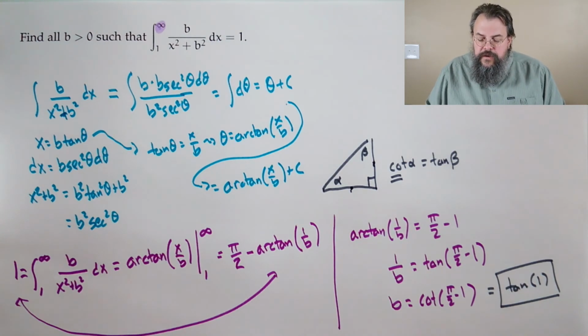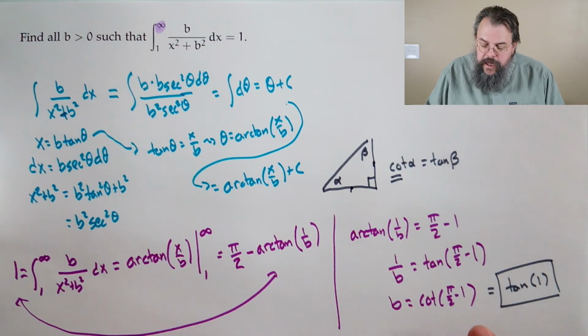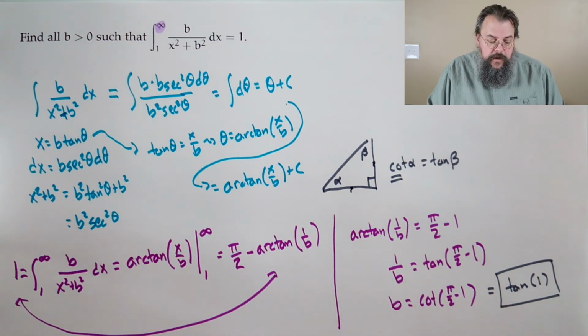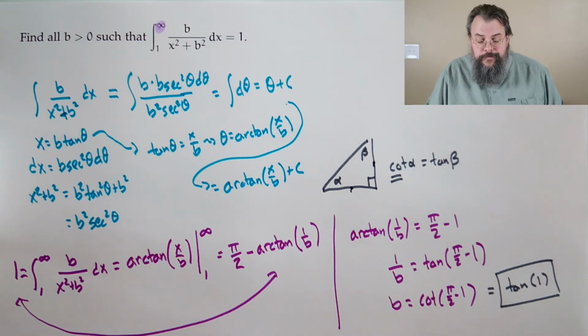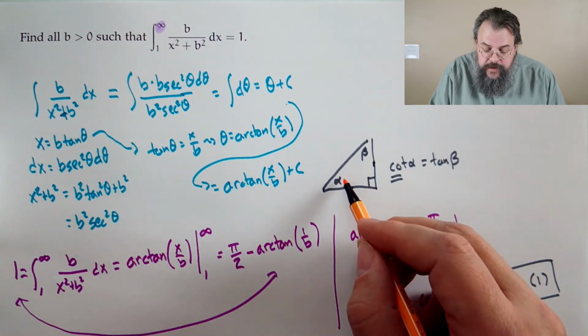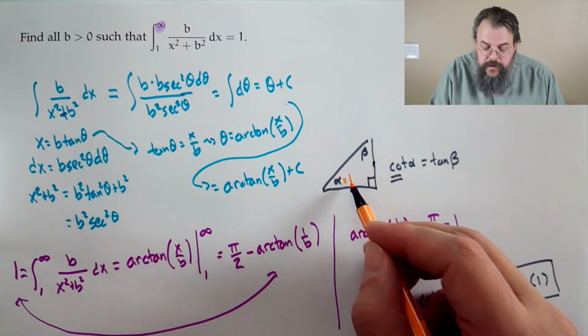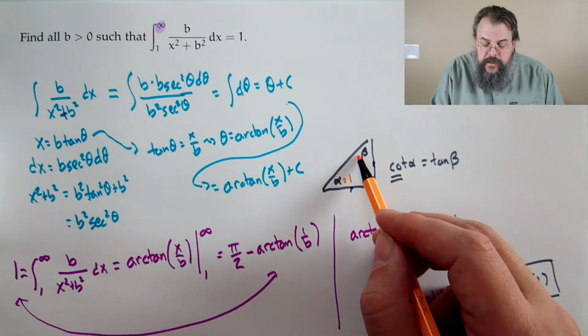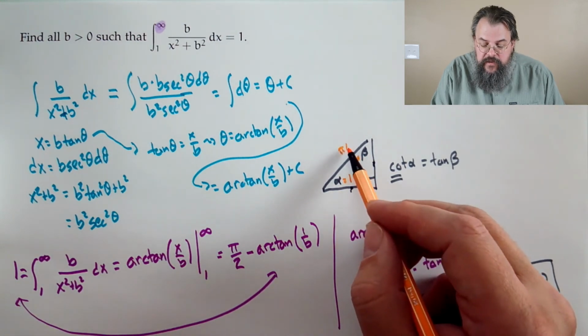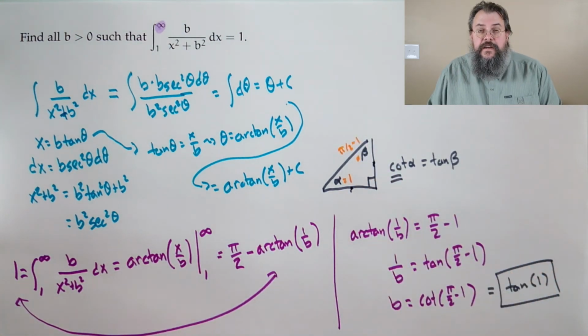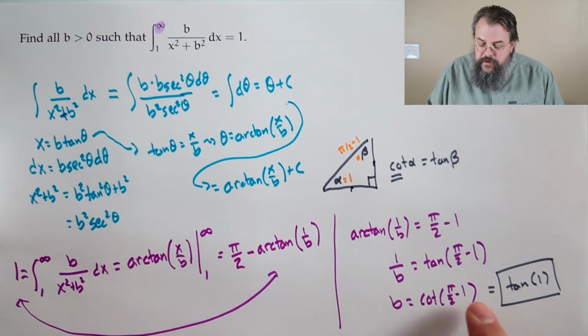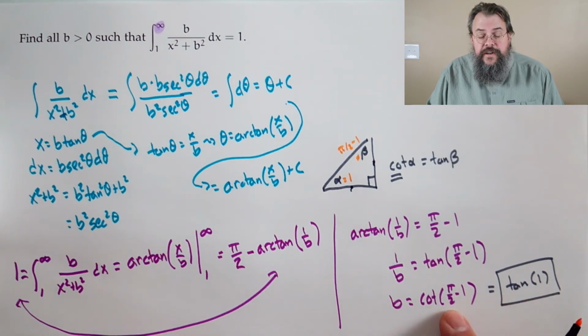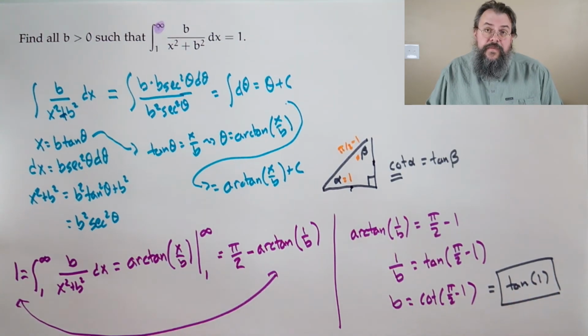So how do we use that? Well, what if our angle is 1? If we make alpha 1, then beta, the complement, is pi halves minus 1. So these two angles are complements to each other, and so I can swap out. That's how we get to our answer.